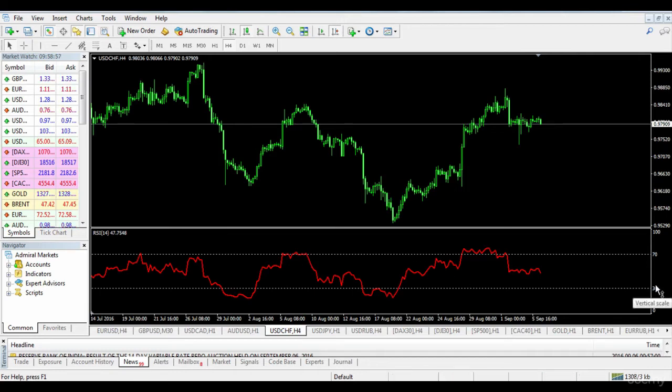The second zone, from 30 to 70, is called the neutral zone, and the price generally moves within this zone. It is believed that if the RSI indicator shows a value above 50, and if it stays above this level for a longer period, then we should believe in a growing trend, while a value of the indicator below 50 indicates a decreasing trend.